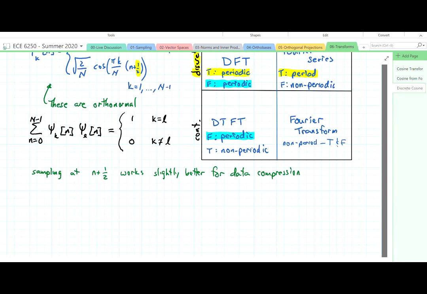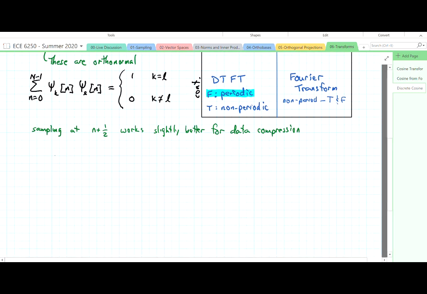Okay, finally, we should note that we can use the FFT to compute the DCT to speed up computation.